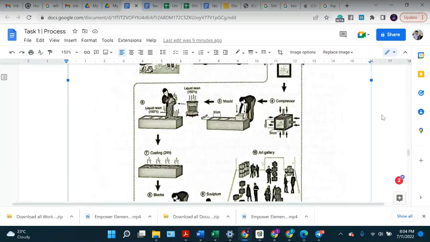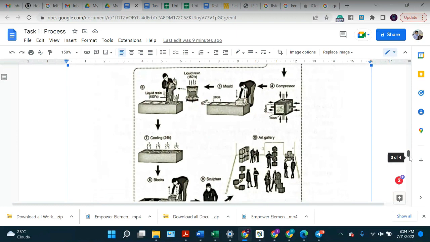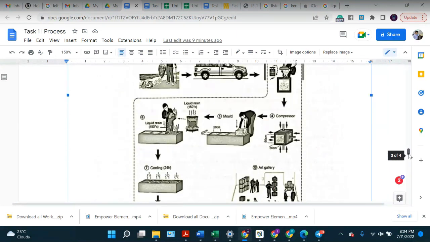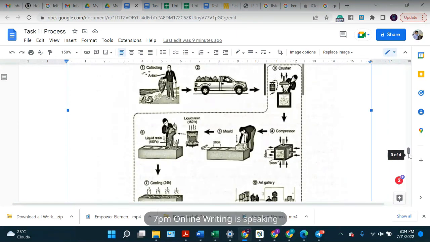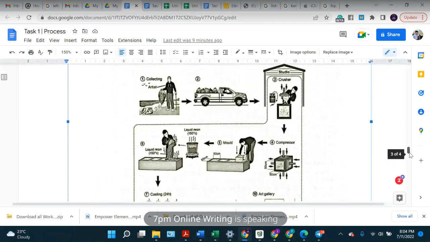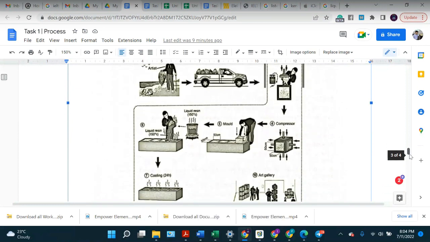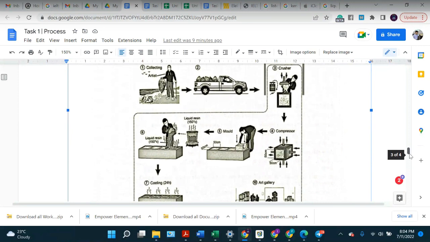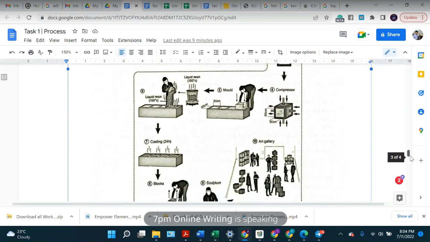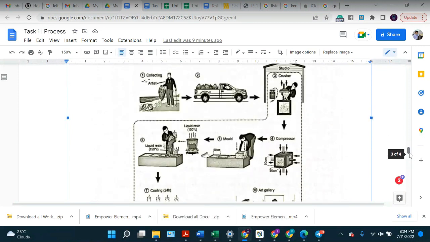So, how are we gonna group it now? That's interesting. I saw one of the model answers at the back of Cambridge.